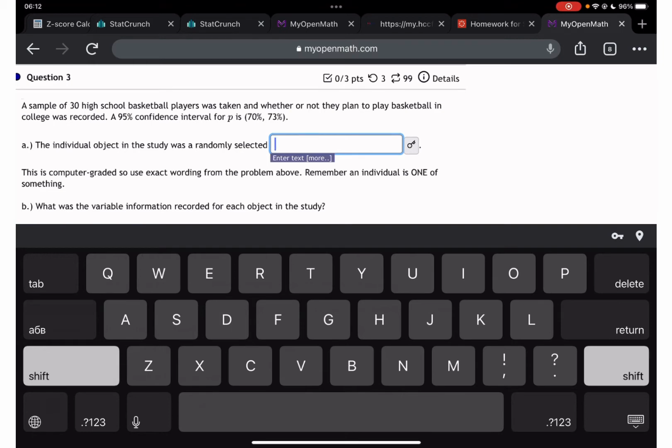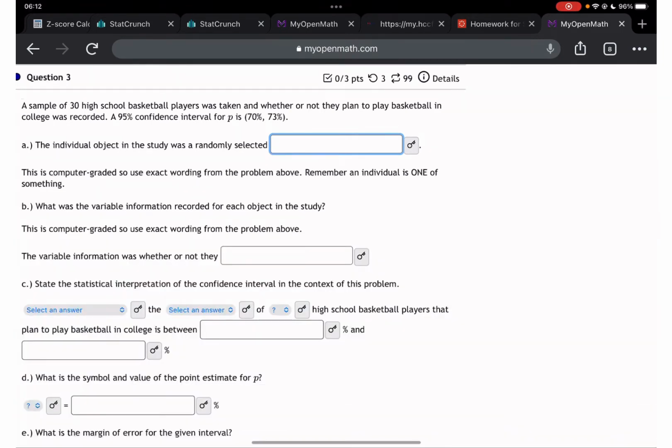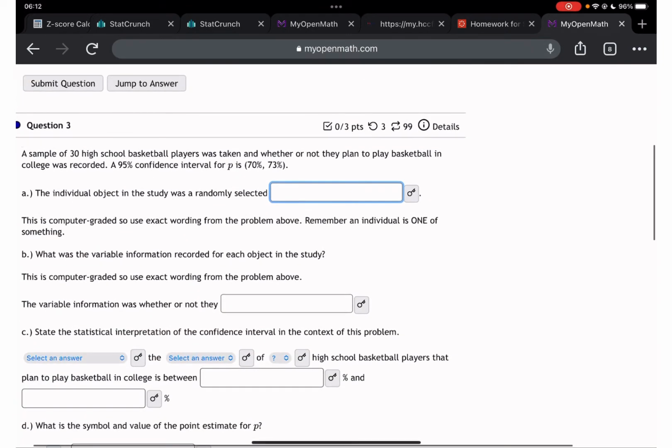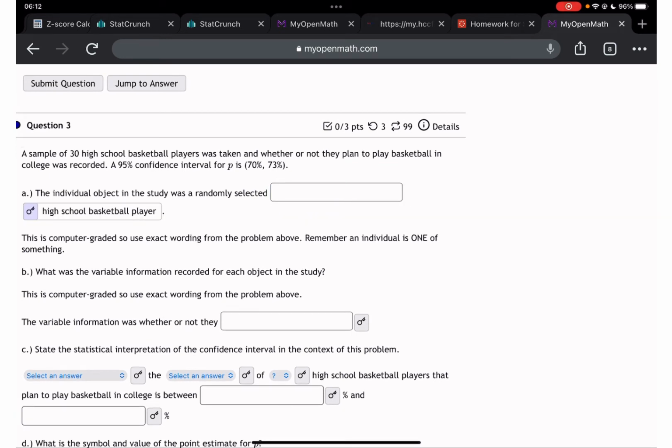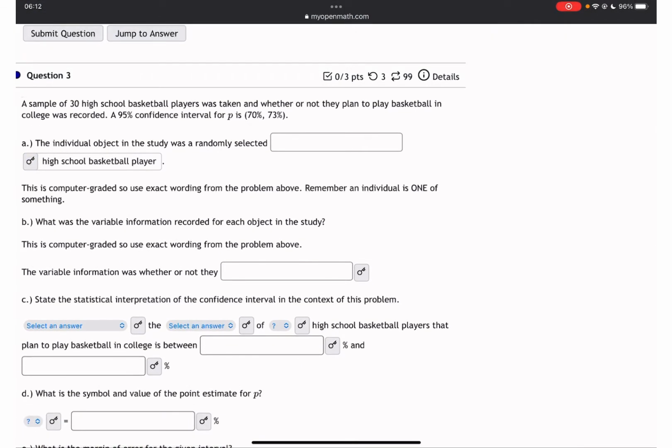Okay, it doesn't let me choose. Let me open it. Basketball player, correct. This is computer graded, so use exact wording from the problem above. Remember, the individual is one of the something.